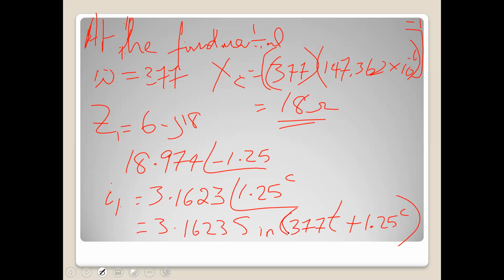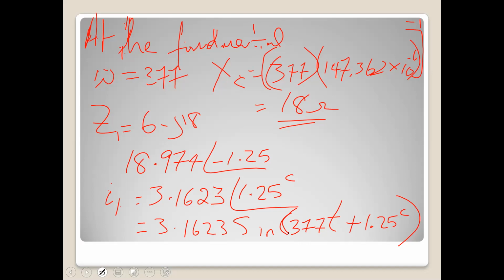Any questions? Sir, what is that symbol there? It's C, for radians. All right, everybody else comfortable?